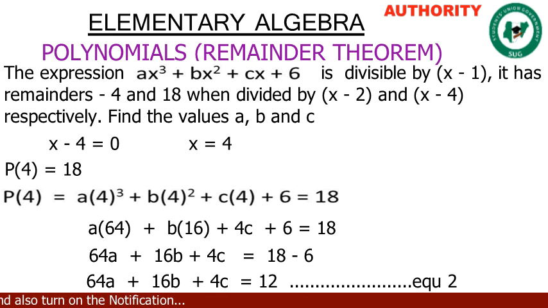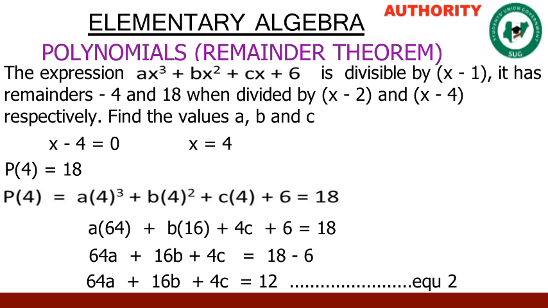So we have 64a plus 16b plus 4c plus 6 is equal to 18. Let's take 6 to the other side to be minus 6. So we have 64a plus 16b plus 4c is equal to 18 minus 6, which gives 12. Now let's call this equation 2.